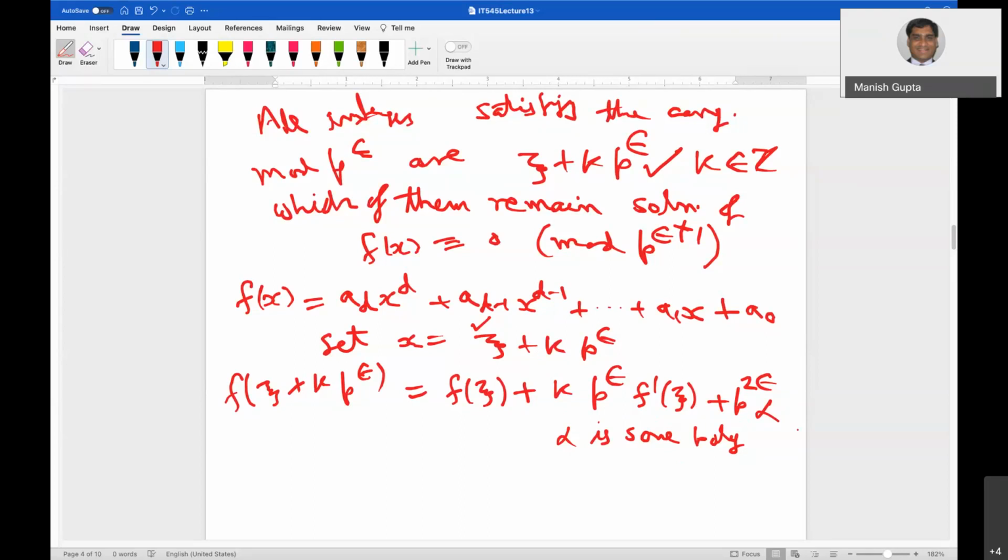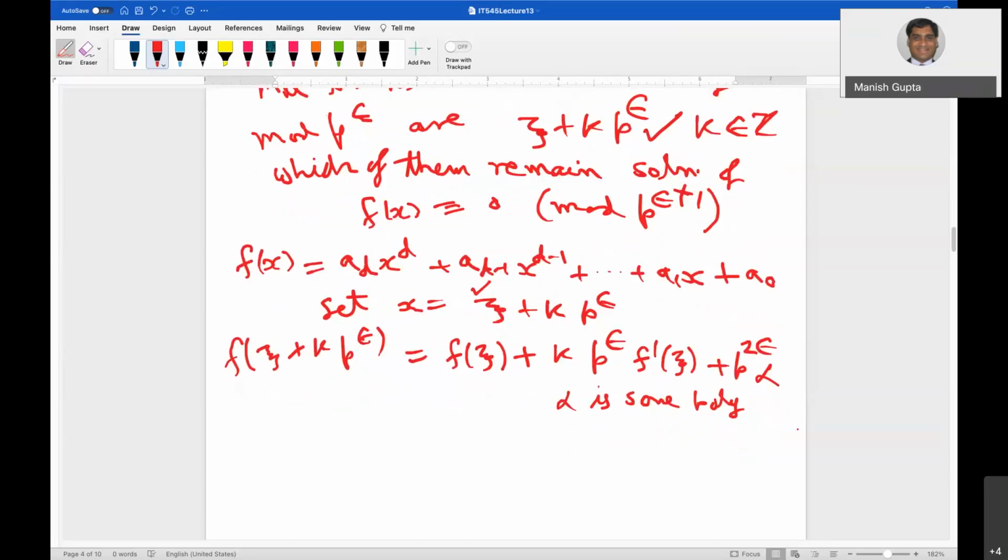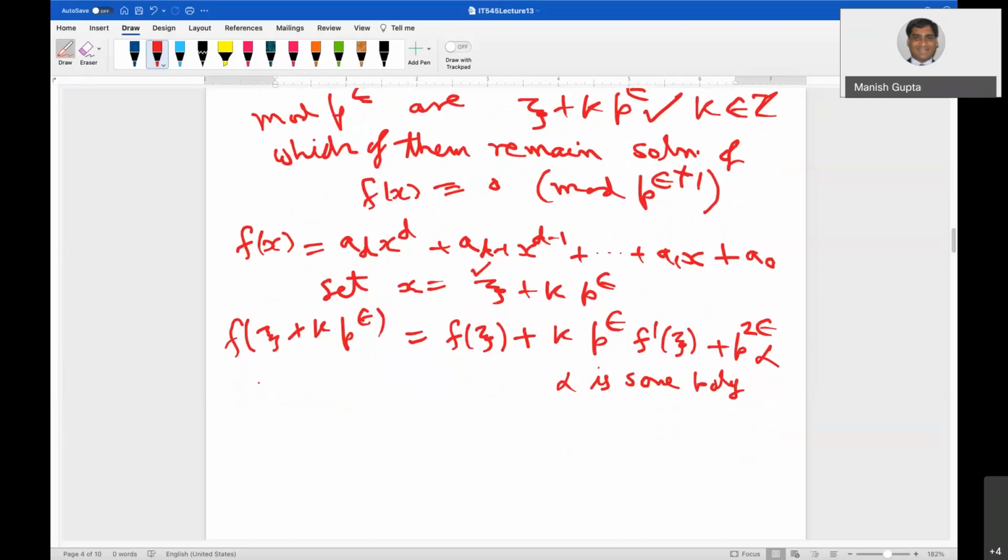Alpha is some polynomial. Now, since epsilon is greater than or equal to 1, this implies that 2 epsilon will be greater than or equal to epsilon plus 1.